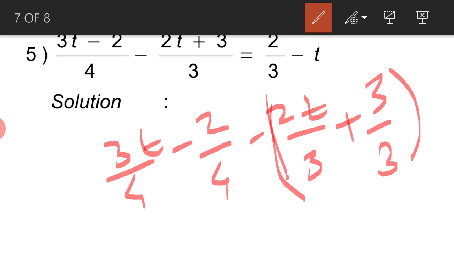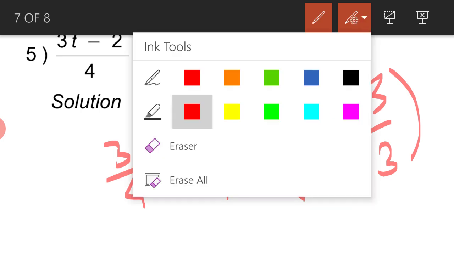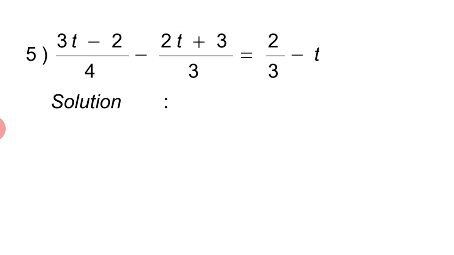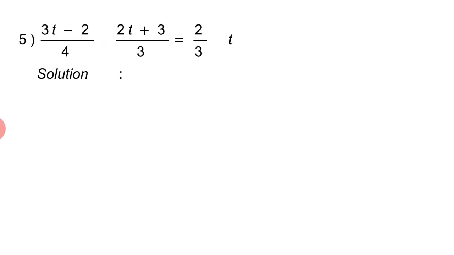But instead of going with this particular method, we will go with simplification of LHS and RHS. So observe this particular problem very carefully. So let us go for the solution. Now it is 3t minus 2 upon 4 minus 2t plus 3 upon 3 is equal to 2 by 3 minus t.